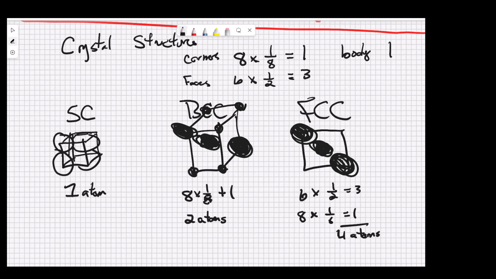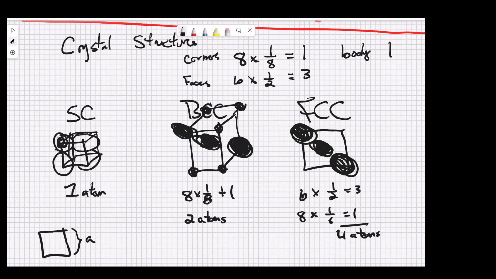We also have relationships between the length of the side of the cube, which we call the lattice cell parameter. If we have a cube like this, we call the length of the edge of the cube A. And we can relate that to the radius of the atom. But that relationship depends on how the atoms touch each other.